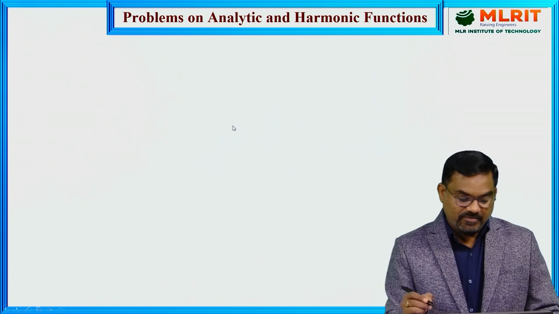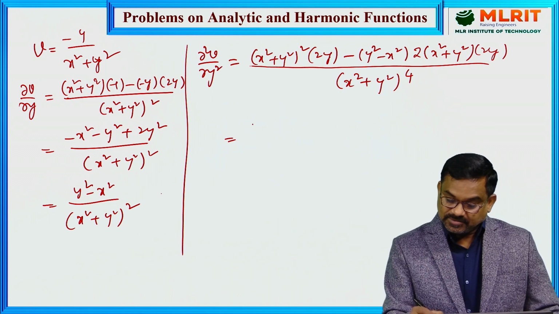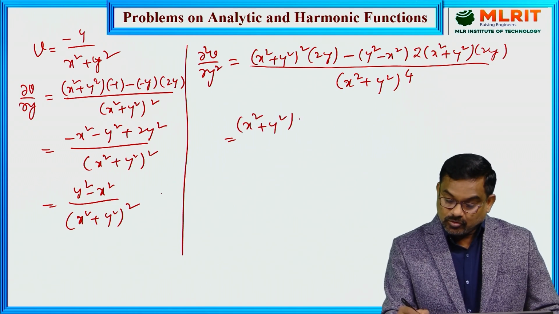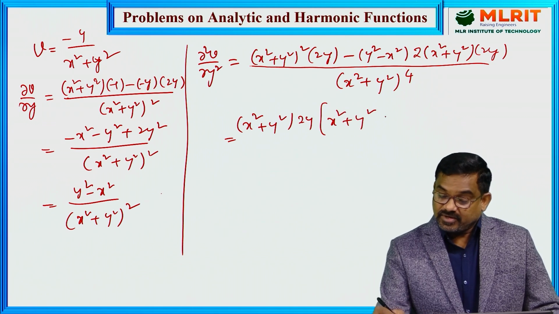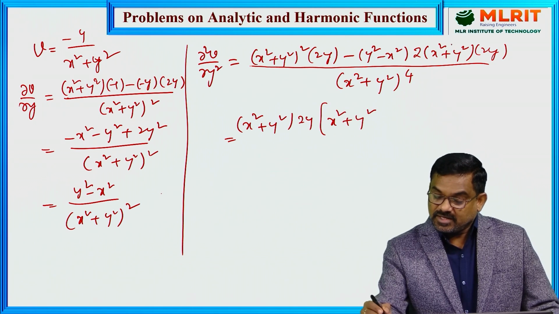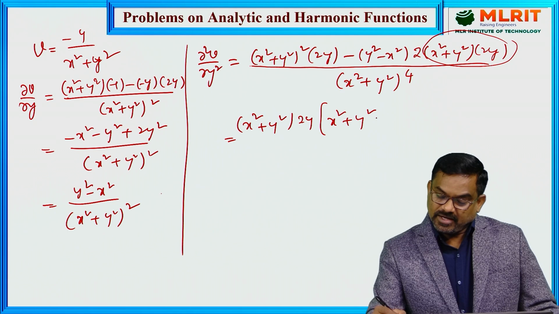So by simplifying this, we get x square plus y square we can take common, and 2y also, then one more x square plus y square here. So this term x square plus y square and 2y, this has been taken out. So what is remaining?